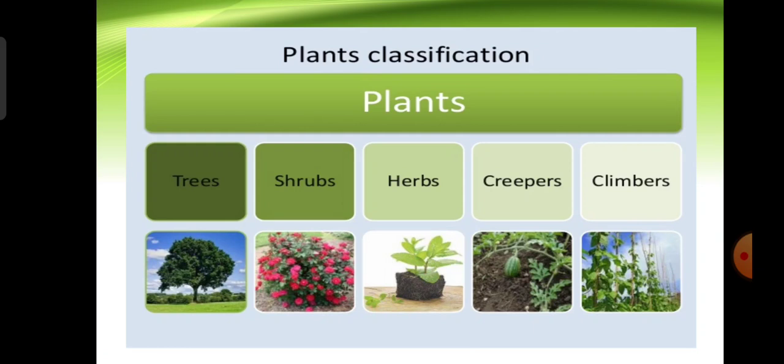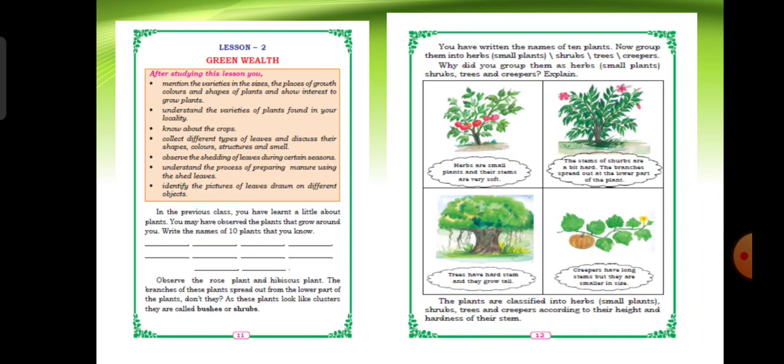In page number 12 they have given you enough explanation. Look at this page number 12. They have written herbs are small plants and their stems are very soft. Look at the next picture. The stems of shrubs are a bit hard. The branches spread out at the lower part of the plant.